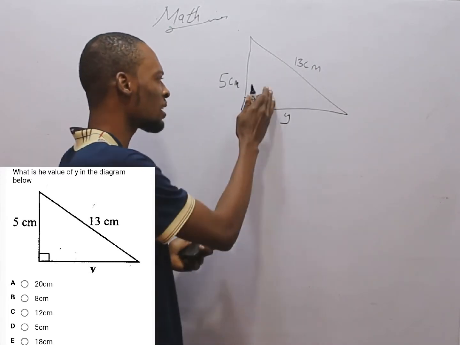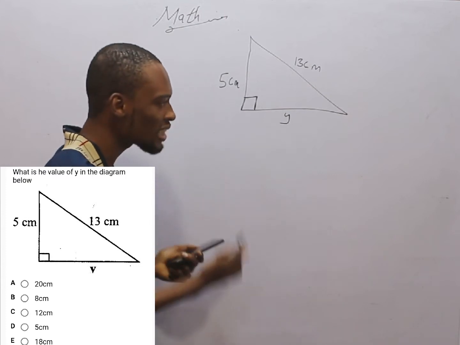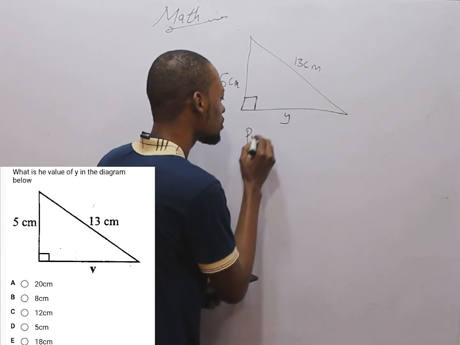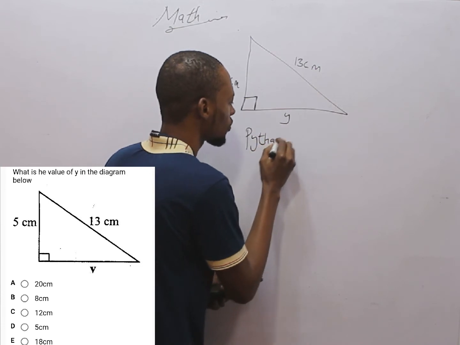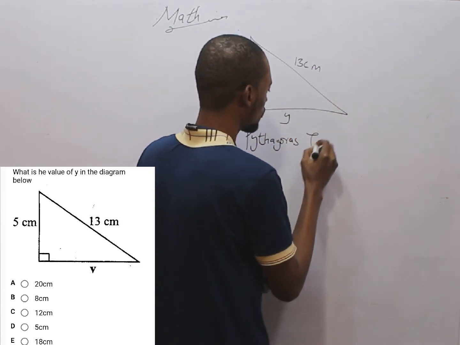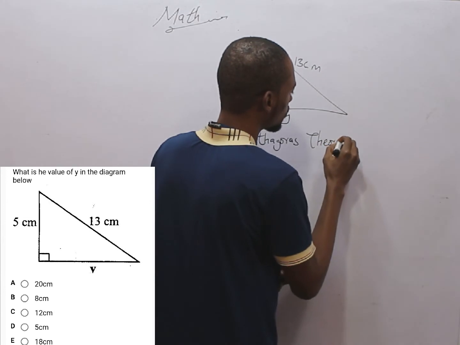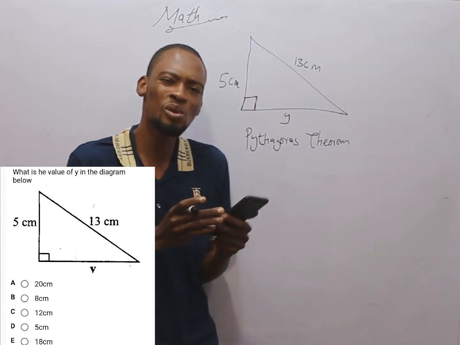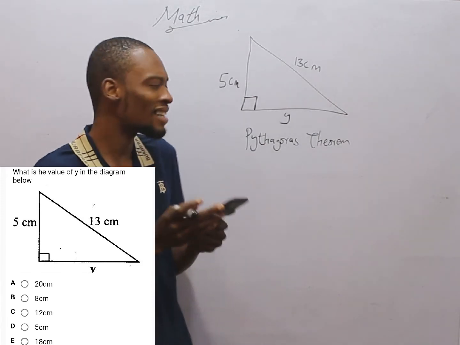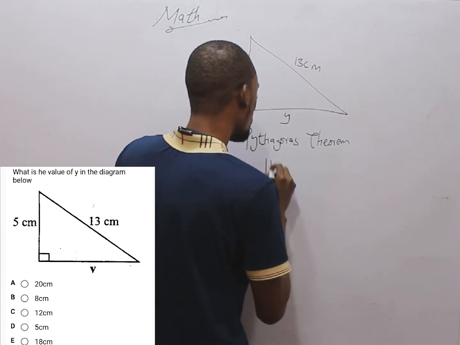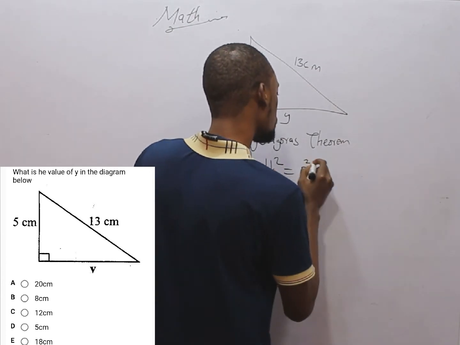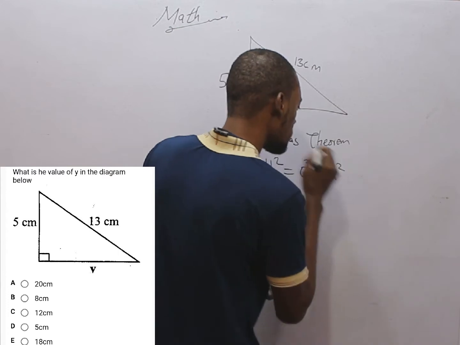If this is a right-angled triangle, to look for an unknown side in a right-angled triangle, we use the Pythagoras theorem. This theorem only works for right-angled triangles, and it states that hypotenuse squared equals opposite squared plus adjacent squared.